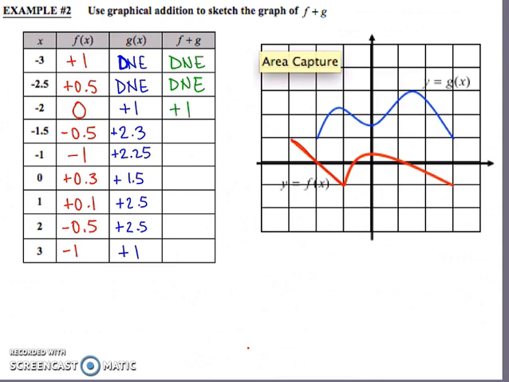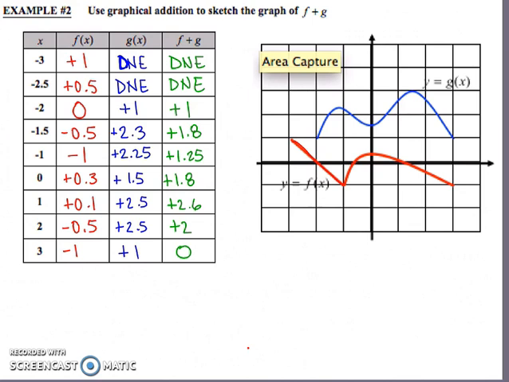So this is going to be +1. This is going to be +1.8. When x is -1, my addition is going to be +1.25. When x is 0, it's going to be +1.8. When x is 1, it's going to be +2.6. When x is 2, +2. And when x is 3, it's going to be at 0.